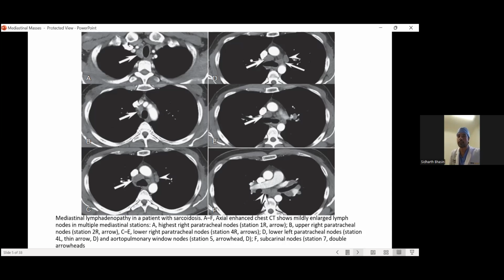After the pulmonary artery is 10L. And then in terms of bronchoscopically seeing, you know that on the carina is your 7. After the right upper lobe takeoff, underneath is your 11RS, and below the right mid lobe takeoff is your 11RI. So the 11R station is divided into superior and inferior.